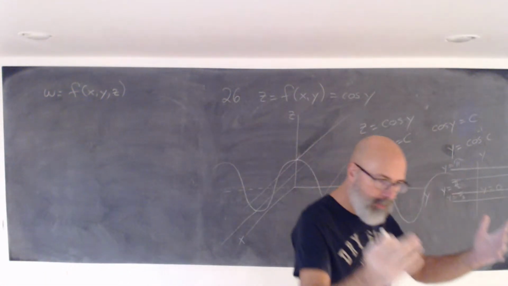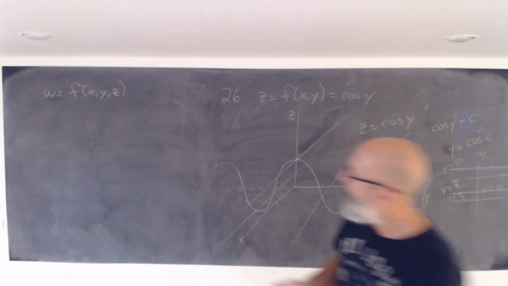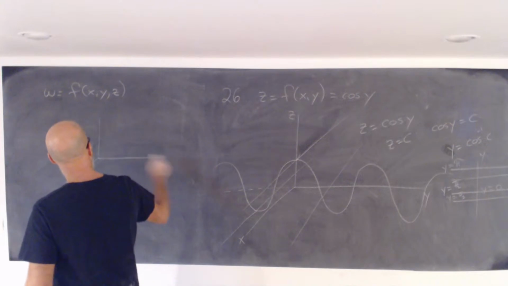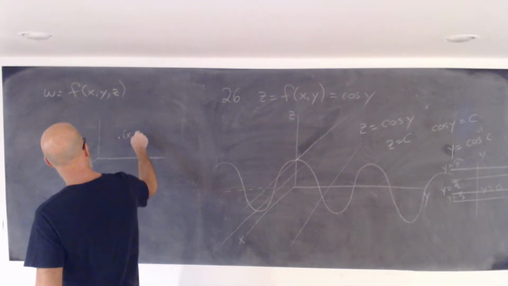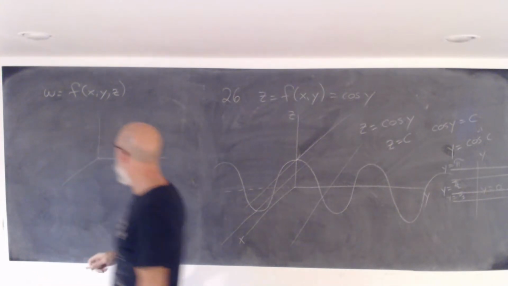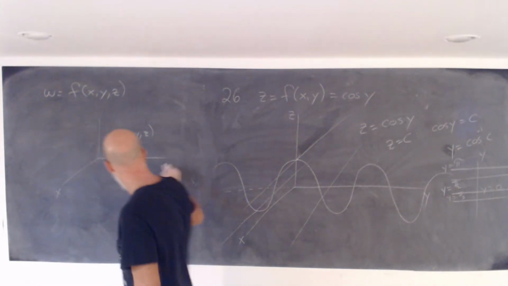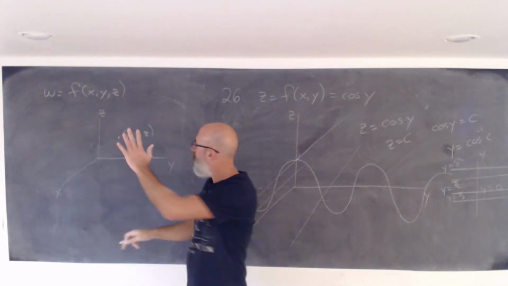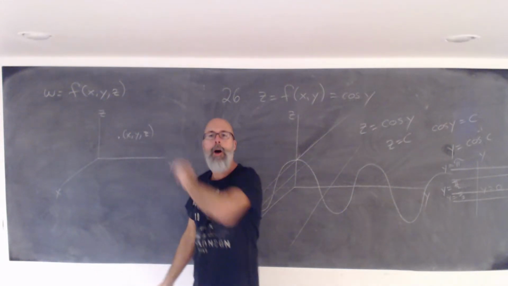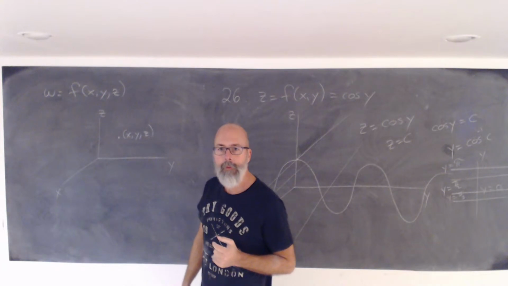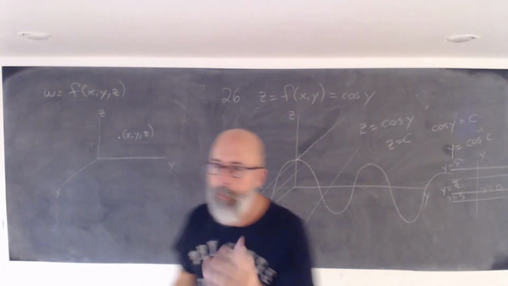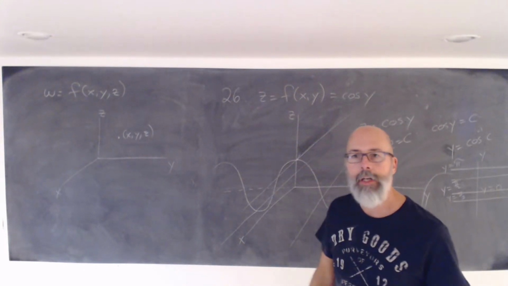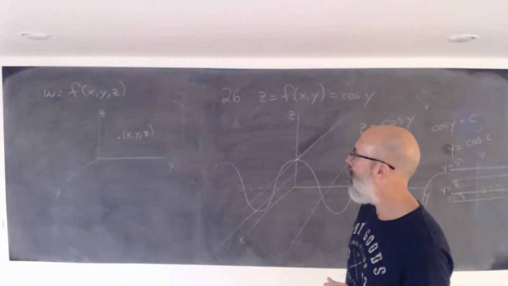You've got this fourth dimension, and for every point x, y, z in 3 space, you get some height coming up in a fourth dimension. You may be able to use colors as the fourth dimension. That's a very nice way around that.